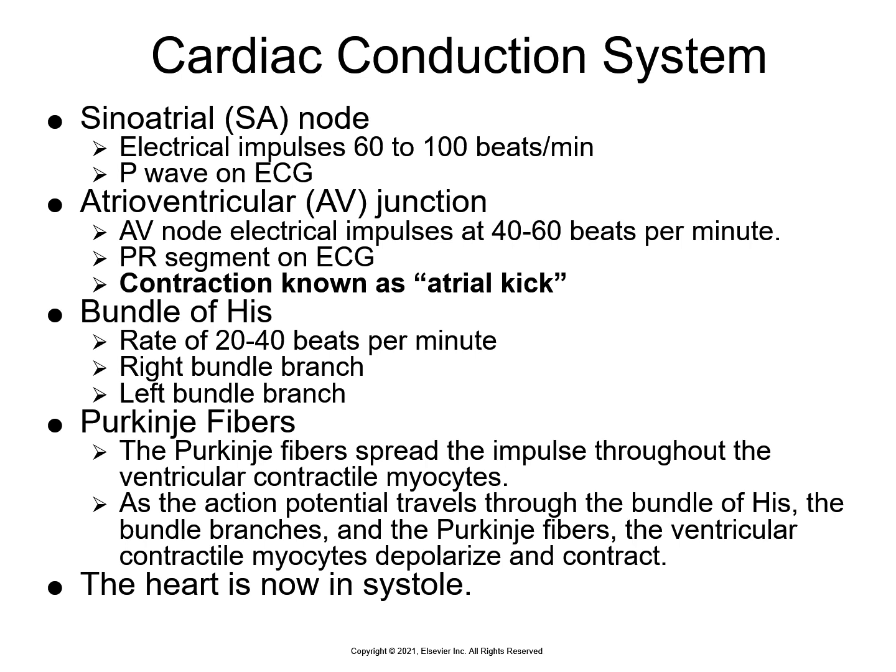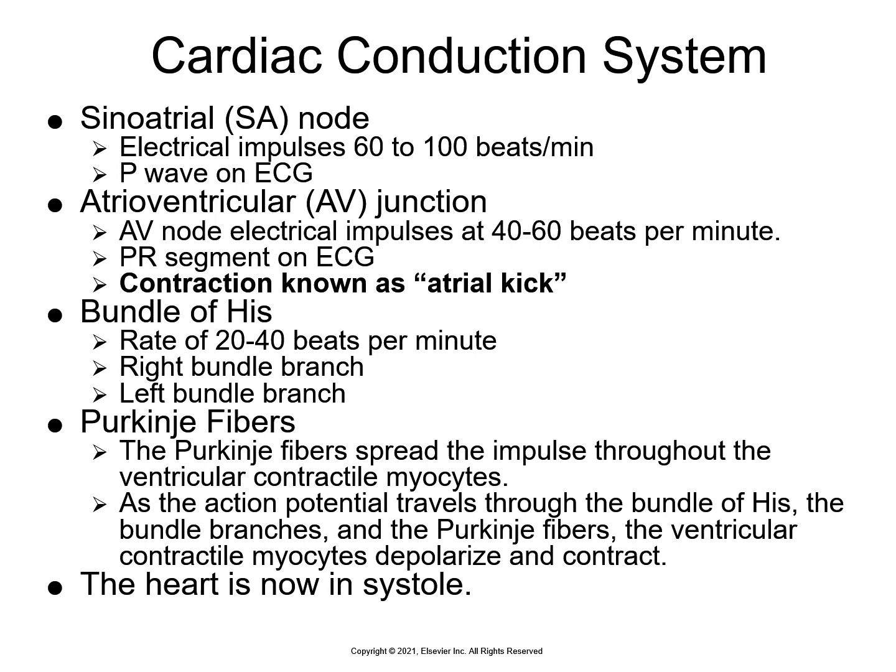The right bundle branch and the left bundle branch, those are significant. The Purkinje fibers are the fibers that spread the impulse throughout the ventricular contraction. Those are the myocytes that are in there. It spreads through the myocytes to cause the contraction.